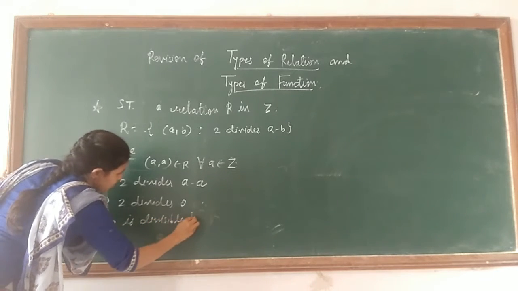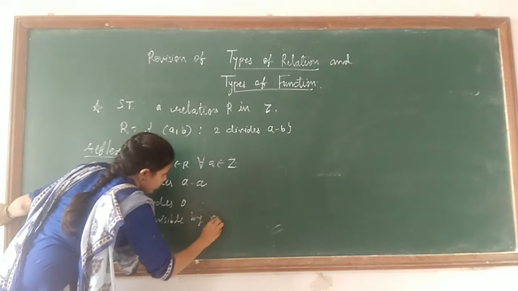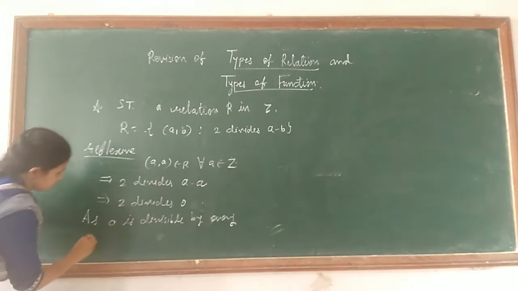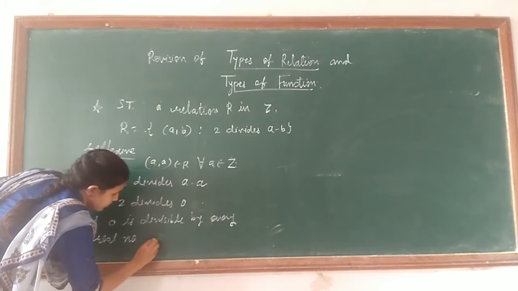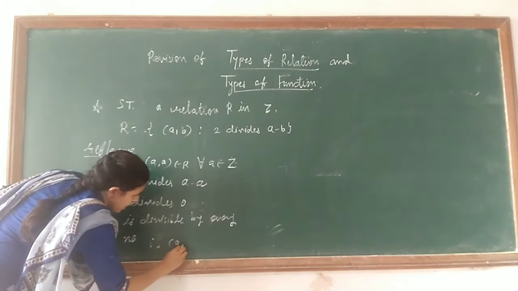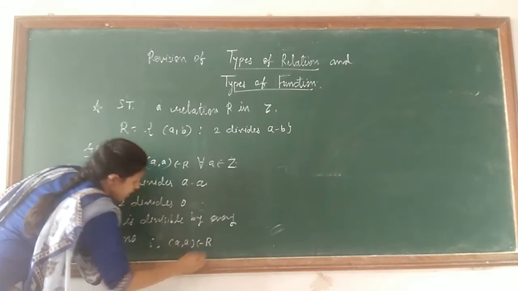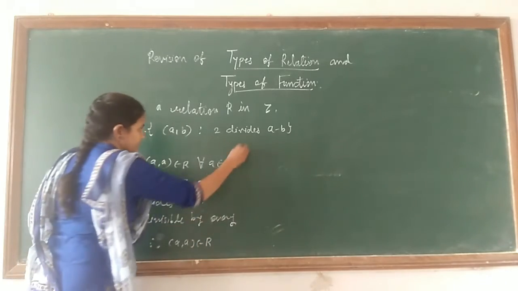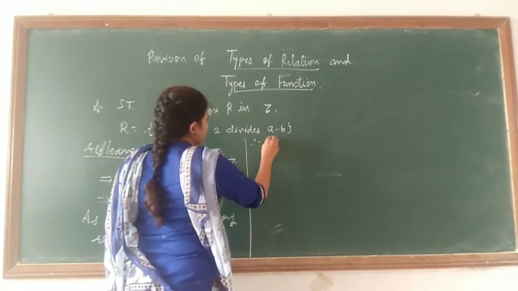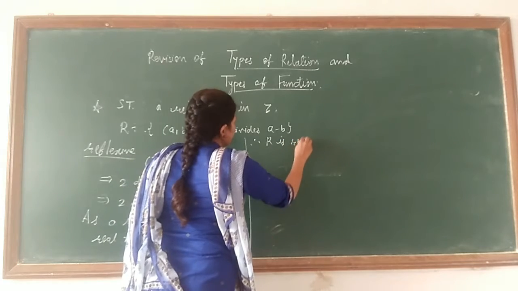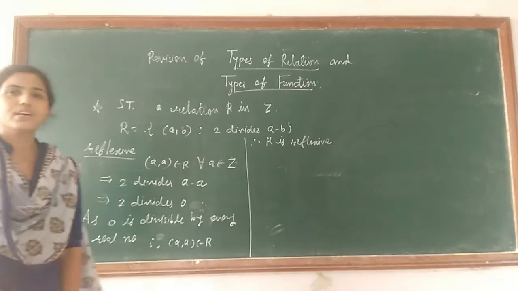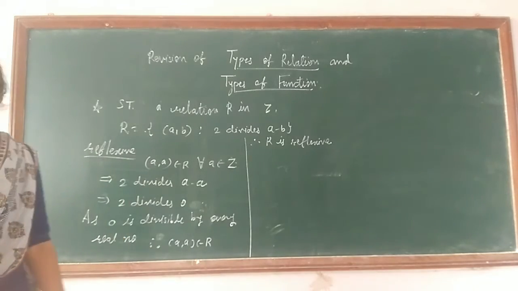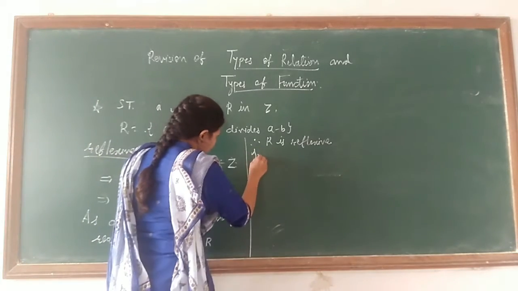Therefore, we can say (a, a) belongs to R, and therefore R is reflexive. Now, as reflexive is done, let us see the symmetric.